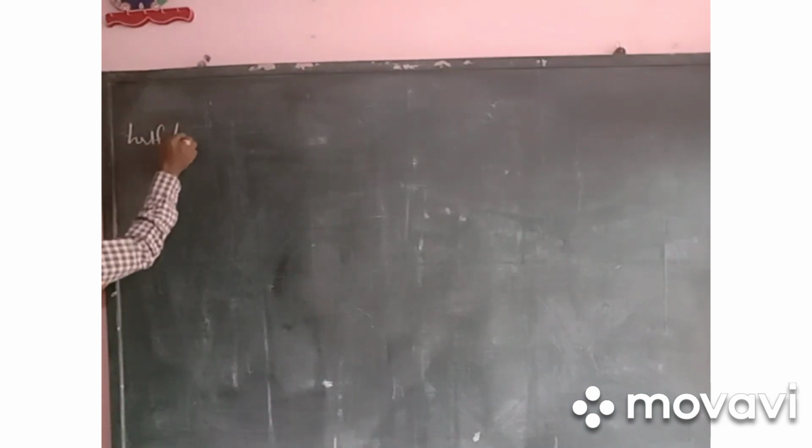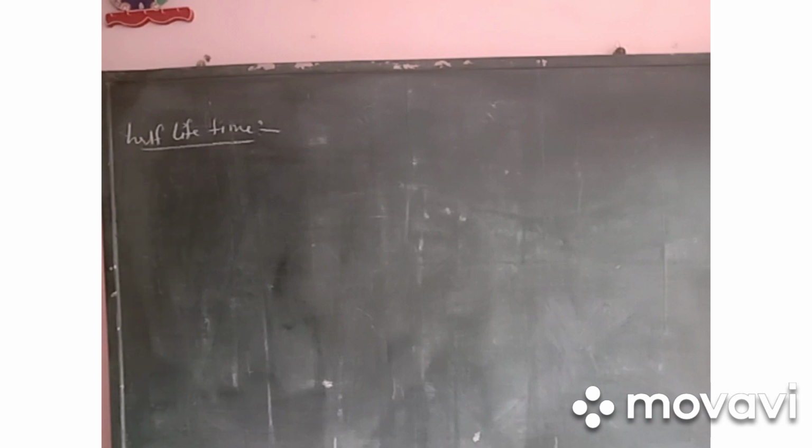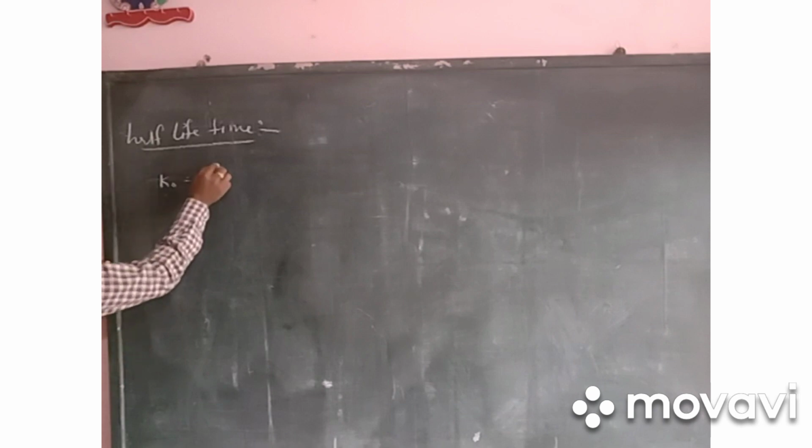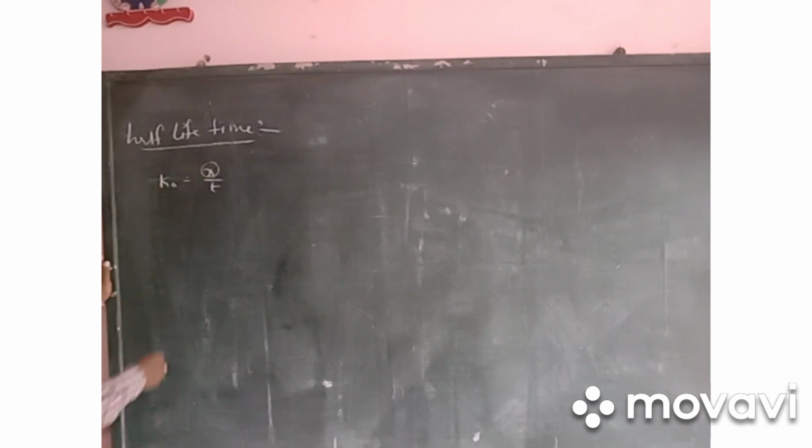The half-life time is when the concentration is half of the initial concentration. Just now we discussed that k naught is equal to x by t. So the final amount should be half of the initial, or of x. To complete half of x, how much time is required?